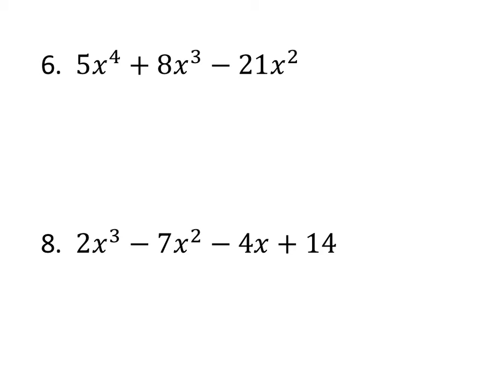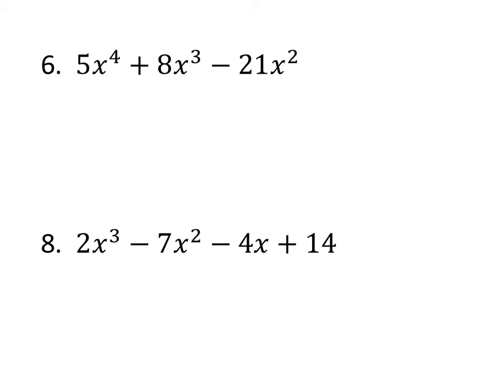Is there something we can factor out of this expression before we start breaking it apart into its factors? It looks like this expression has an x to the fourth, an x to the third, and an x squared. Well, it looks like we could probably factor out the x squared from each one of these terms.